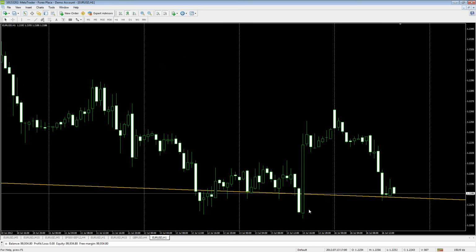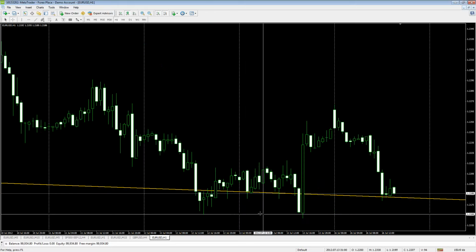And on Friday, you can see this candle here, just as it reached the bottom of Thursday.